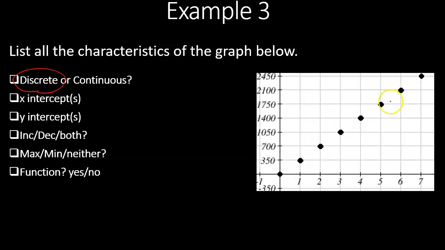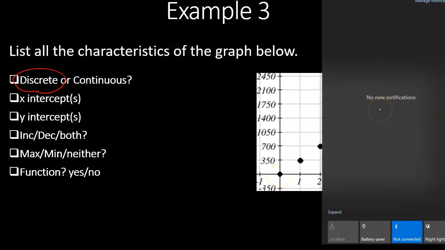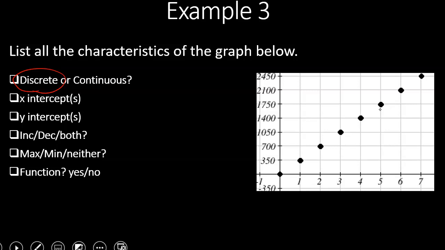Discrete because these are dots, or technically they're points, but it looks like dots that are not connected. X-intercept, so if I go to my x-axis, my point is right here at the origin, so my x-intercept is 0. Y-intercept, same thing, it's at the origin, so it's 0.